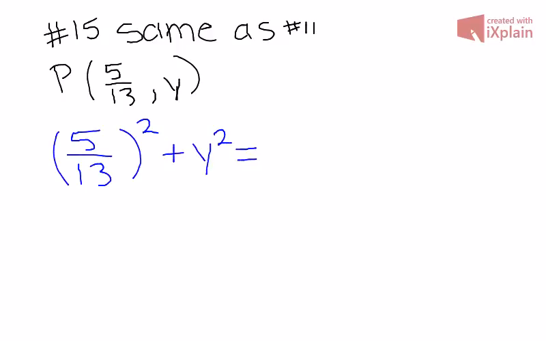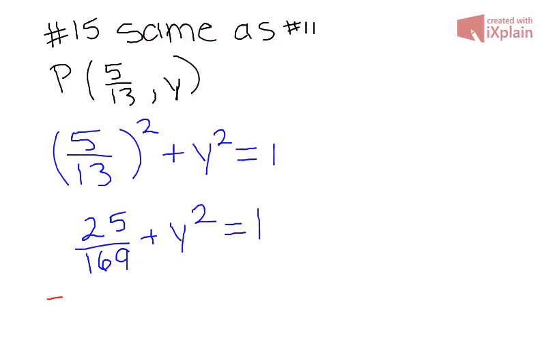So we plug in 5 over 13 for x, and then we're just going through and solving. So 5 squared is 25, 13 squared is 169. So we'll have to subtract this over to the other side. 1 minus 25 over 169 is, I believe, 144 over 169.